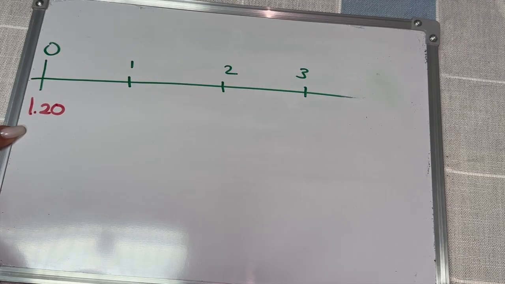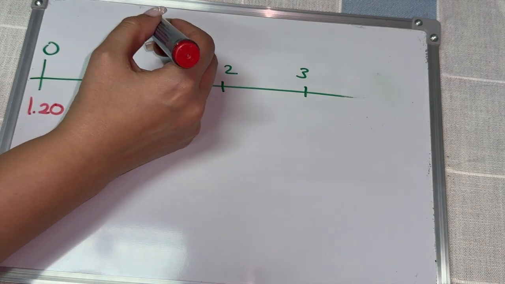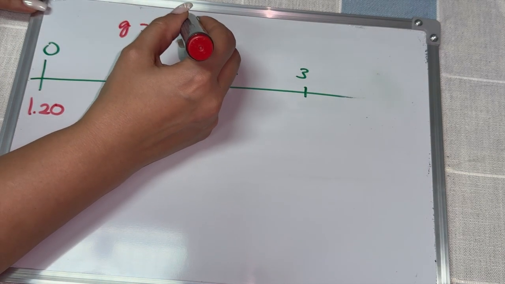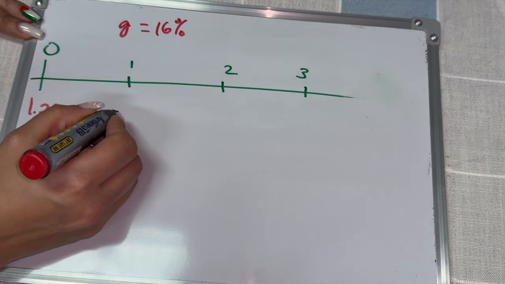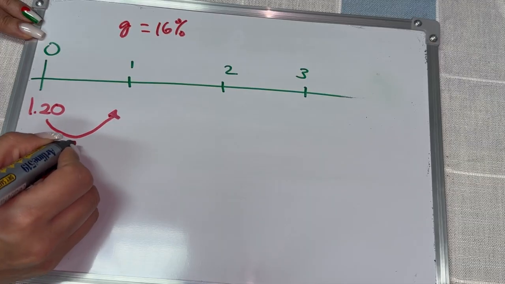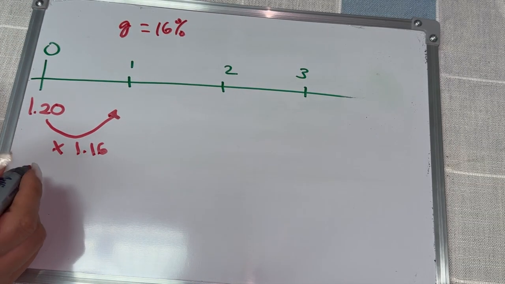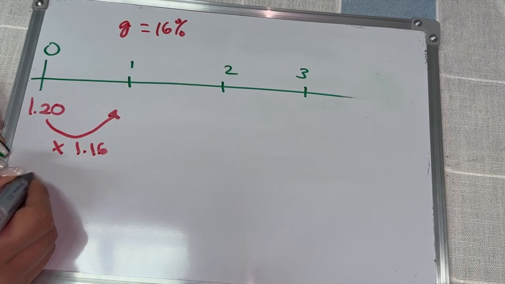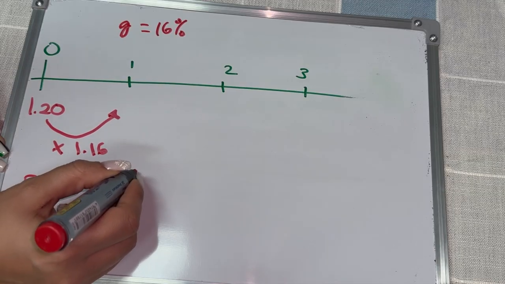So we said the growth rate for the next 2 years is 16%. In order for me to get the next dividend, I need to multiply by 1.16. Why? Remember, it's the future value. We go back to our original formulas, it's the same.